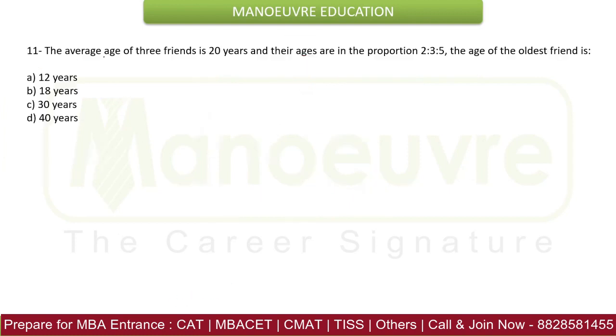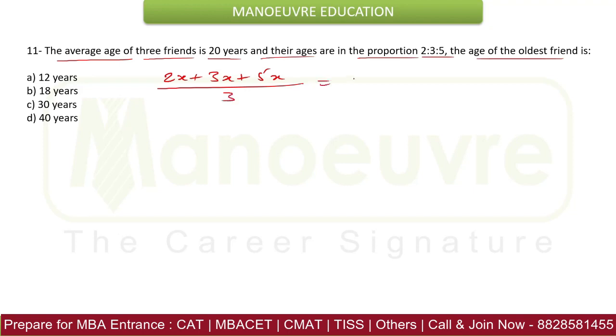The next question. The average age of 3 friends is 20 years and their ages are in proportion 2:3:5. So the age of the oldest friend is, okay, now let's say their ages are 2x, 3x and 5x for 3 friends. So this will be the sum of their ages, divided by 3 will be the average, that is 20, which is given.